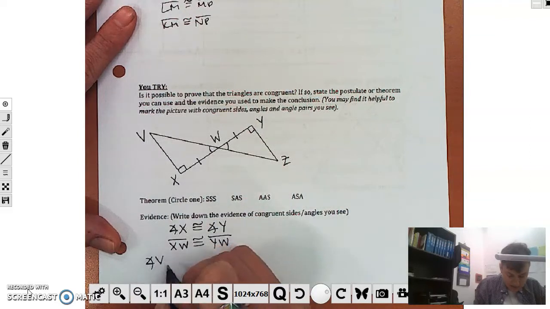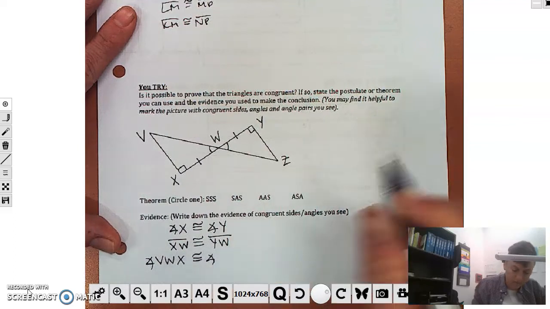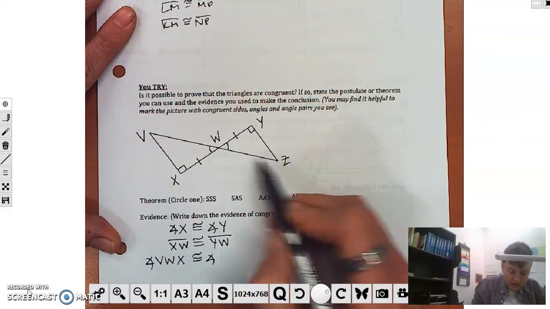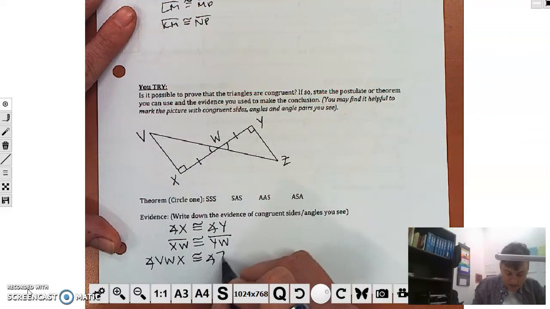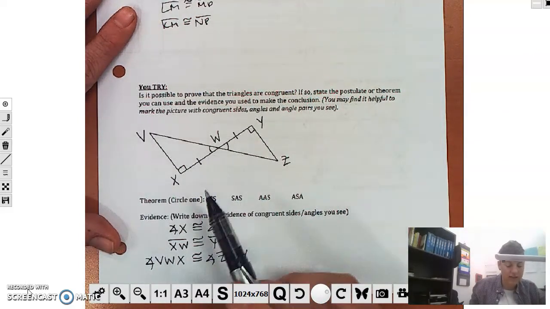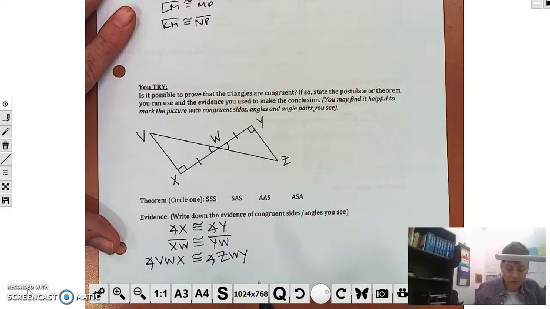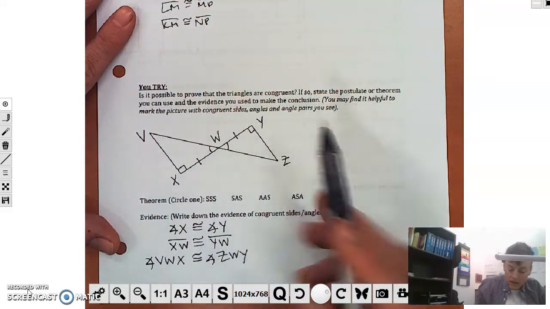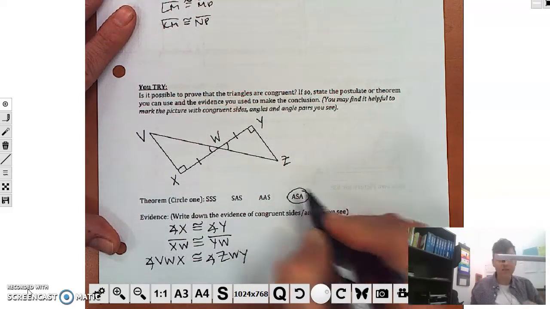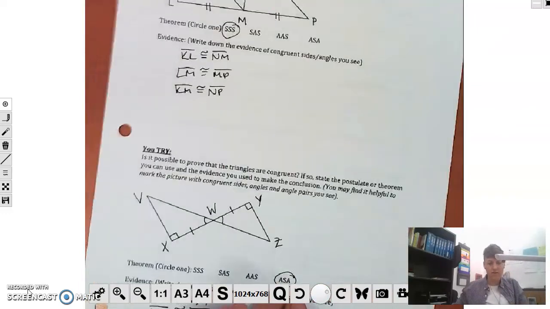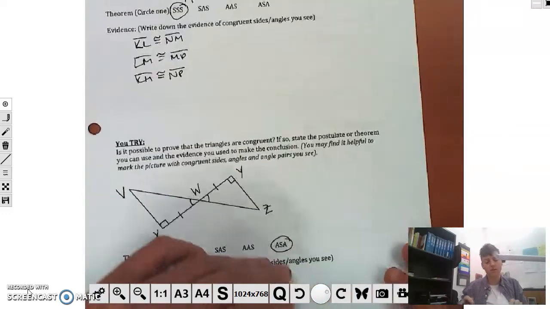Angle BWX is congruent to angle ZWY. So we've got an angle and a side and an angle, and that side is between the two angles. Angle, side, angle, ladies and gentlemen. Nicely done. All right. We're doing wonderful.